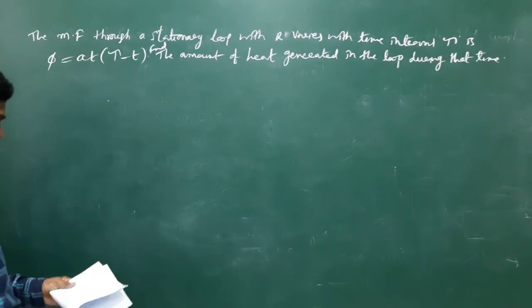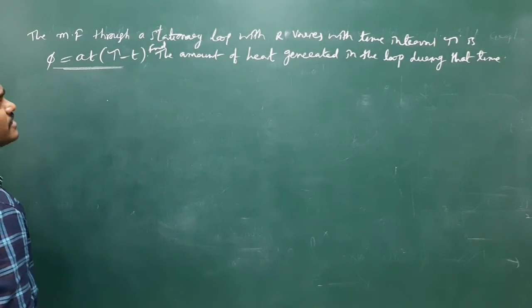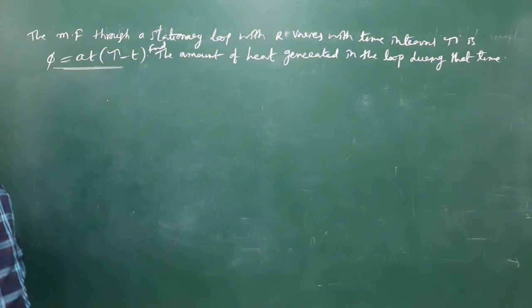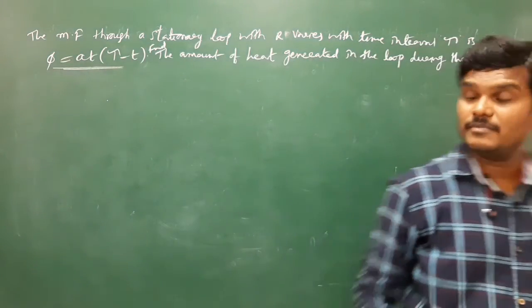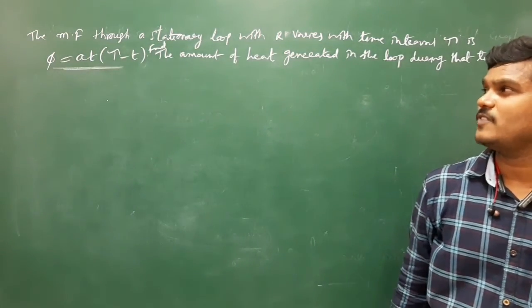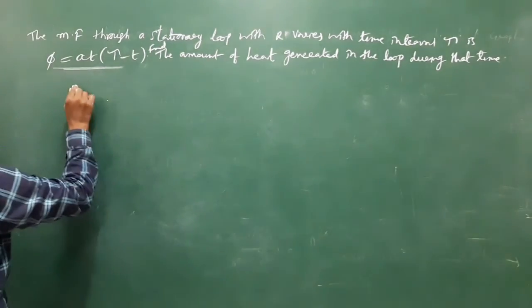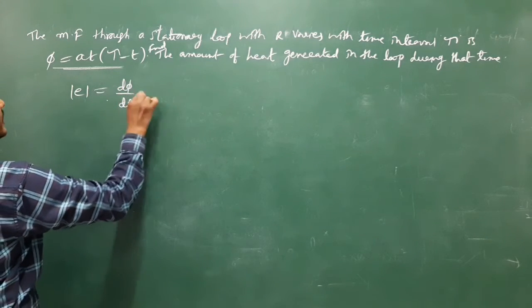See, the given flux is this much. They are asking to find the heat generated in the loop during that time, which means time tau. So first you find the flux, which is already given. Then by using the flux you find the EMF. EMF is nothing but d phi by dt.